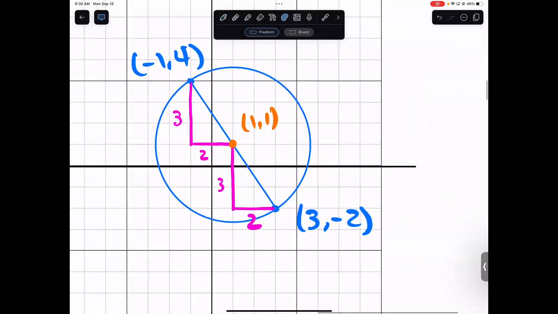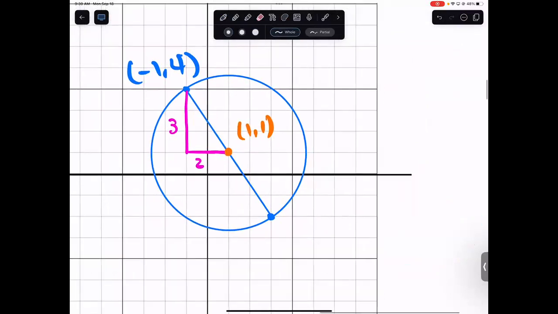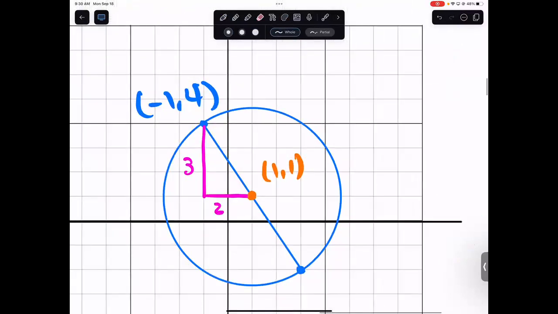Radius is the distance from the center to the outside of the circle, right? So this radius or this radius doesn't matter. They're both the same. Let's just pick one to focus on. I want to know that length, that distance.